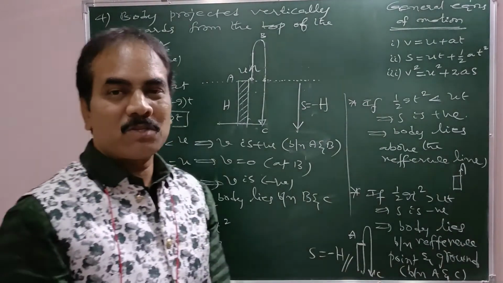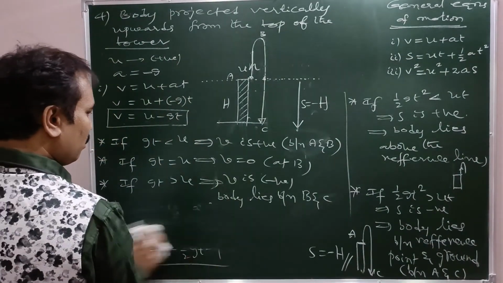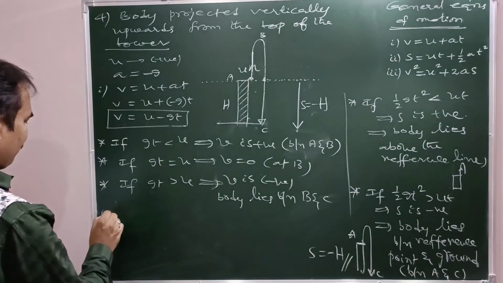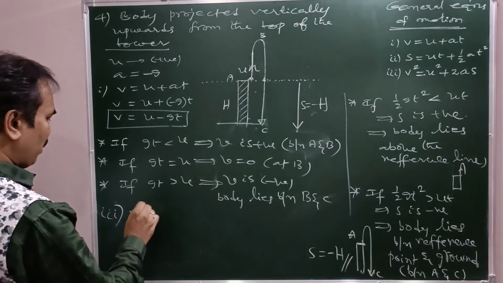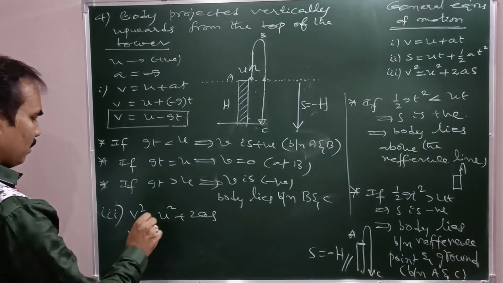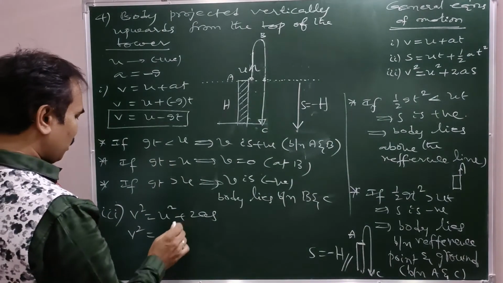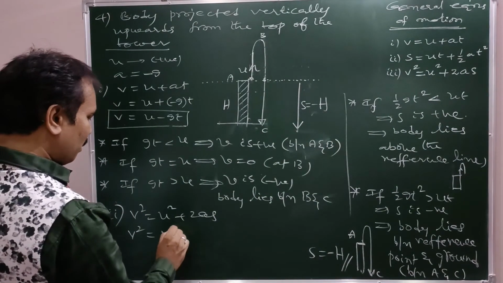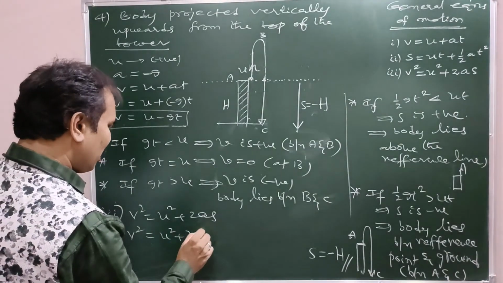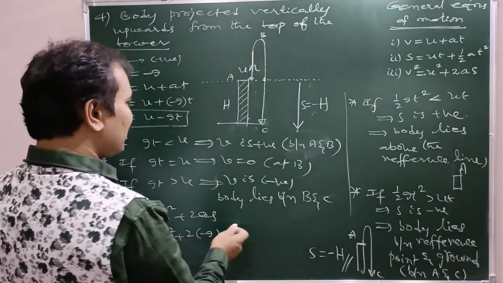So coming to v square equal to u square plus 2as. Right? Number 3. V square equal to u square plus 2as. Now v square, suppose unknown, is subjected to v square equal to u positive and non-zero, that is u square, plus 2 into a, which is minus g, into h. S means s.